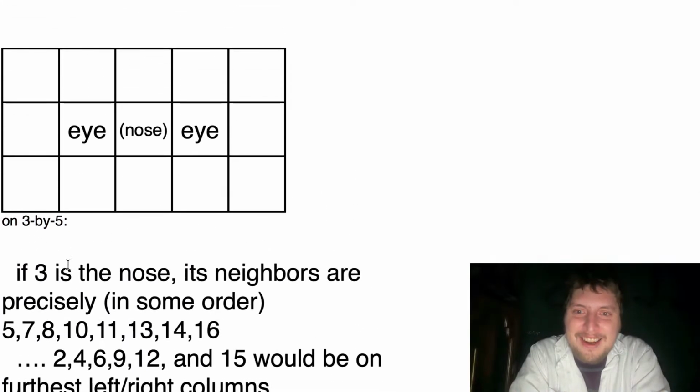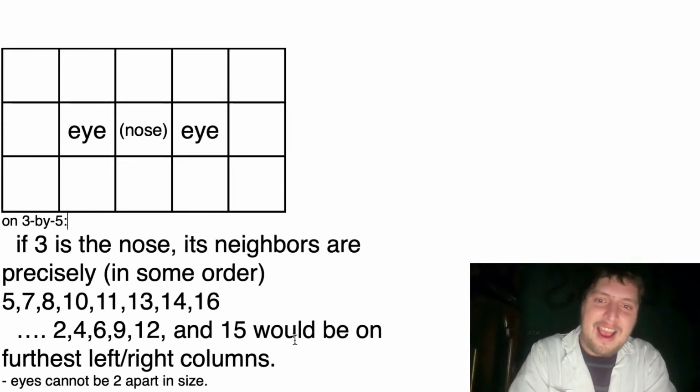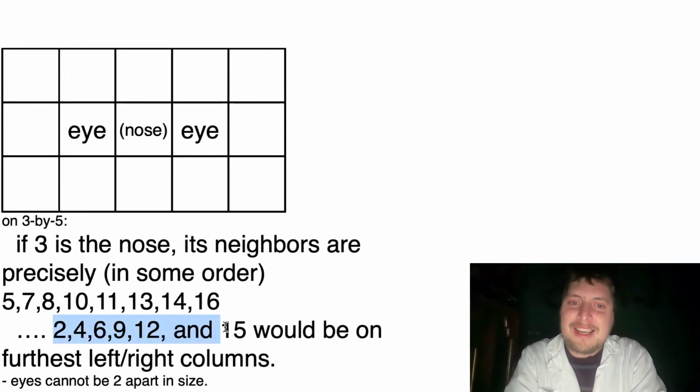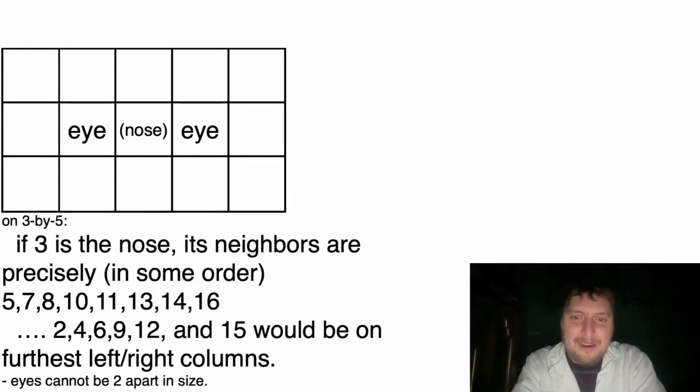Putting those down there. If 3 is the nose, its neighbors are precisely these, and that leaves these divided up among that square, those 3, and these 3 all together would have to contain these things. But 3 was a part of this list of 2, 6, and 12. 2, 6, and 12 are going to have to really avoid each other. Some of those are going to have to be in corners on the side.